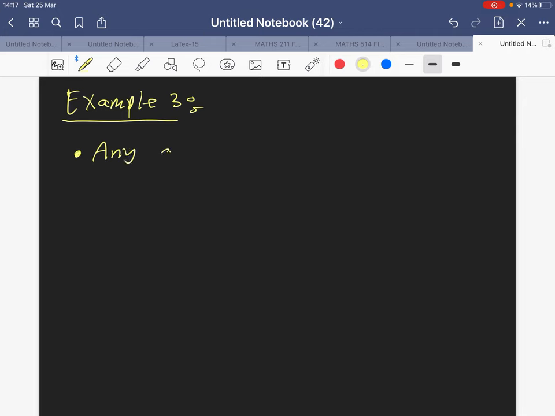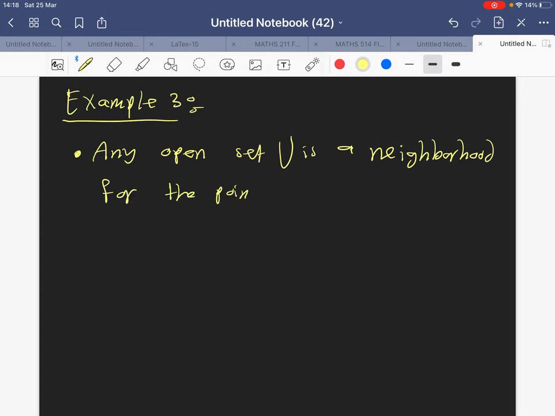Any open set U is a neighborhood for the point P in U. So U, if it's open, it's already automatically a neighborhood for any point inside the U. The same concept can also happen if we have a basis.